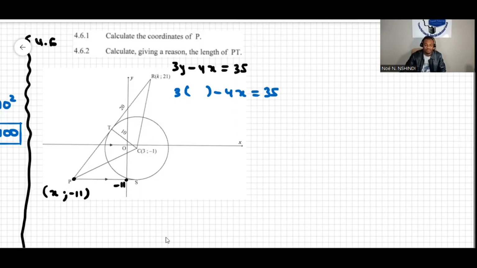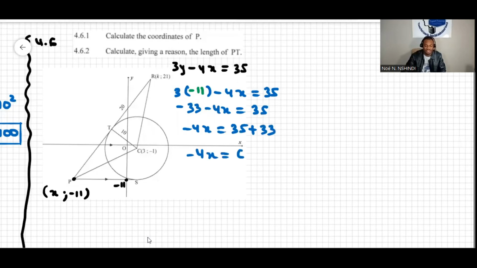Now we sub in the value of y, which is -11, and then this will be -33 minus 4x is equal to 35. Now, if I move the -33 over, that makes -4x equal to 35 plus 33, and that makes -4x equal to 68.